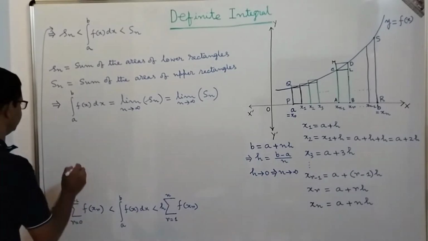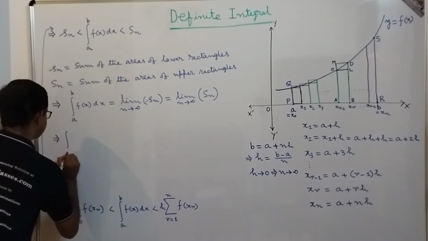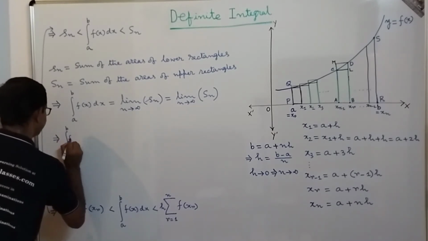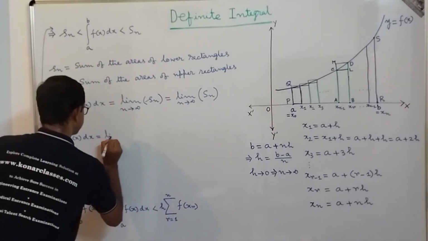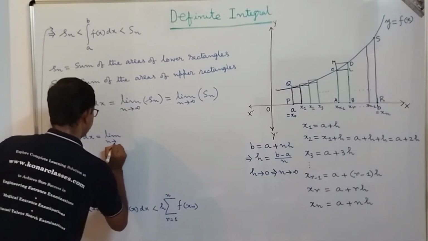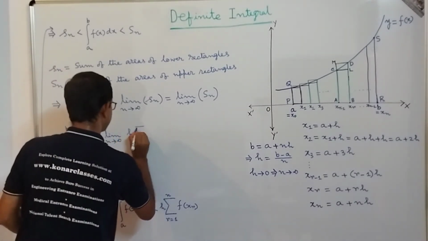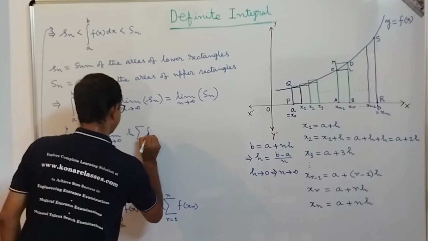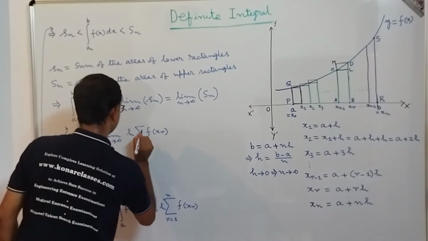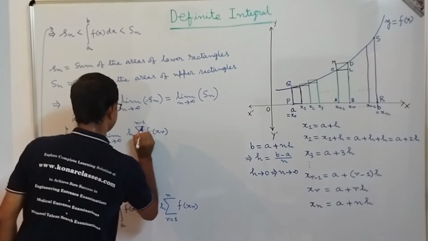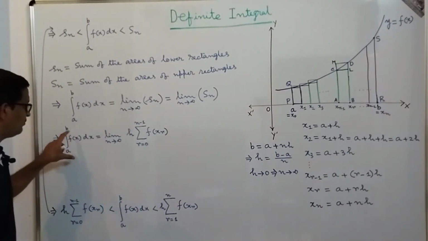From here we can say the integration from a to b of f(x) dx is equal to the limit as n tends to infinity of h times the summation of f(xr), where r is varying from 0 to n minus 1. Now let us work a little bit more on it.